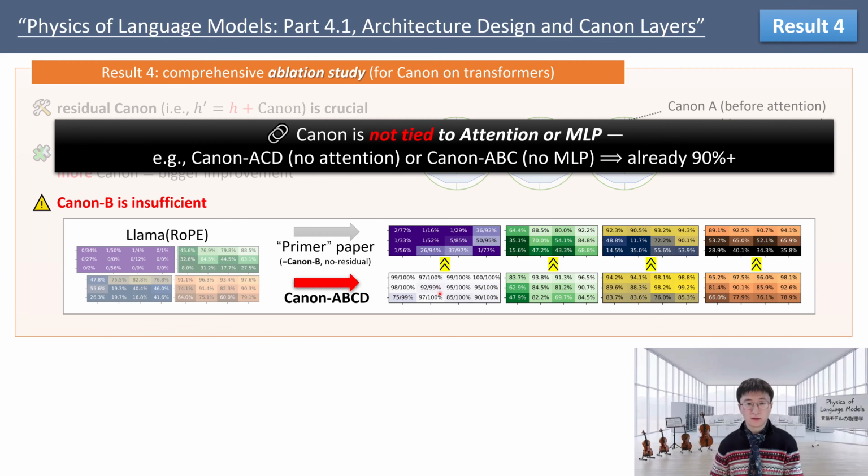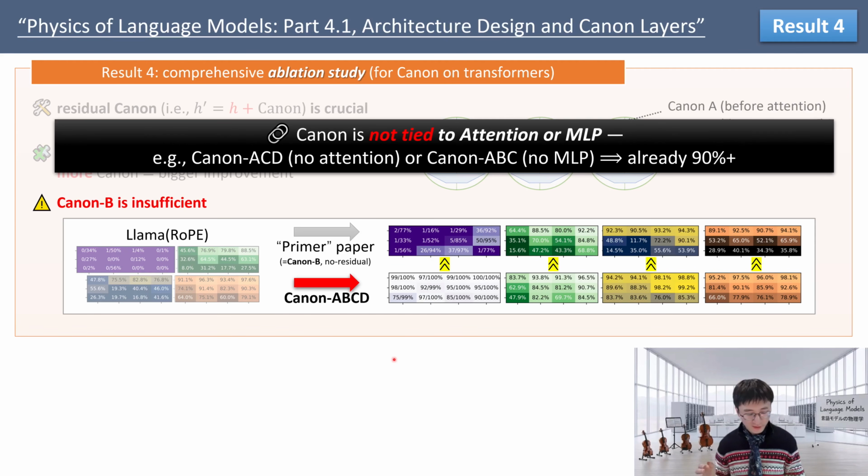So this is a place where I really want to emphasize the following: Canon is not tied to the attention or MLP or any specific architecture layer. We even tested, say, Canon ACD or ABC. They already perform extremely well, getting about 90% of the performance of this final row. So if you want to fix attention, you don't need to touch attention. If you want to fix MLP, you don't necessarily need to touch MLP.